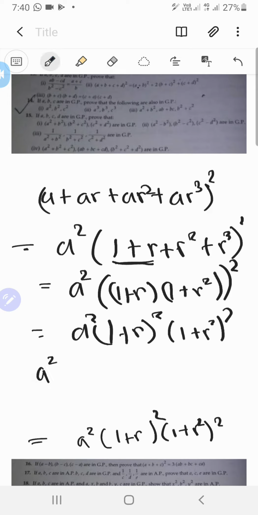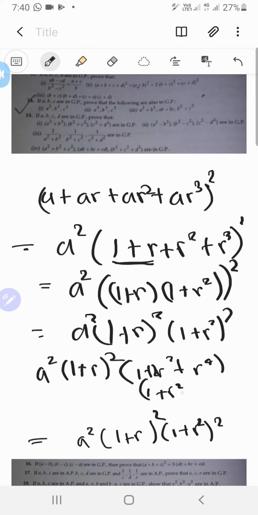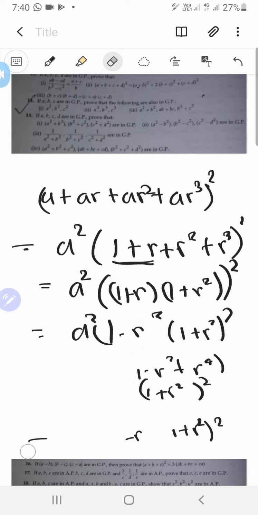It was going to be a squared into, you took 1 plus r common from everything, and then you squared it because these were squares, and then the remaining thing was 1 plus 2r squared plus r to the 4th, which was 1 plus r squared whole squared. So that is this thing, that is this thing, that is this thing. Yep, that's correct. This is also a correct equation.